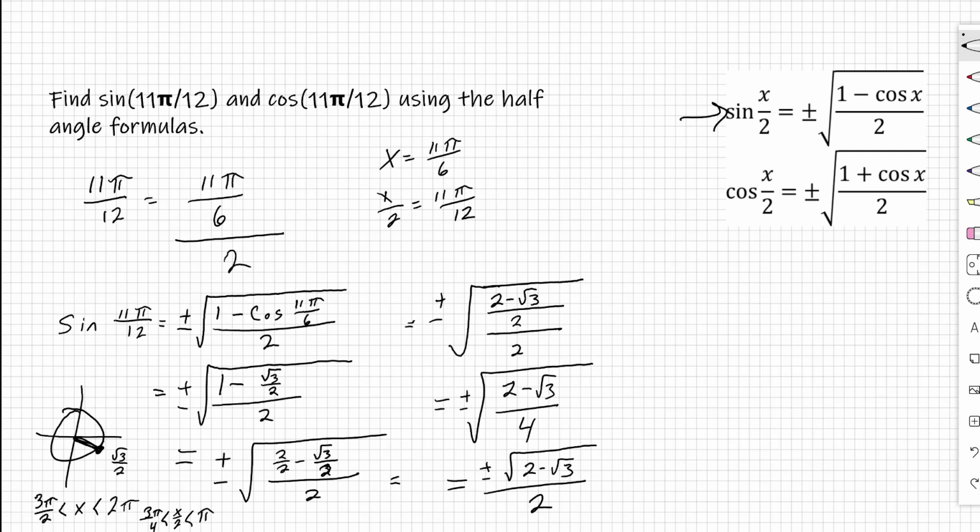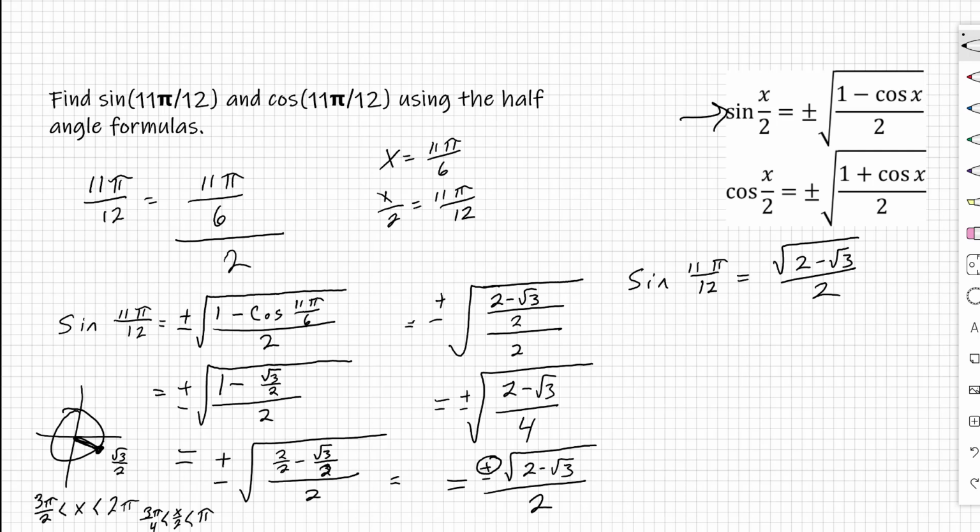So that's going to be a second quadrant, and we know in the second quadrant sine is positive, so we will use the positive version of this. So that gives me sine of 11 pi over 12 is the square root of 2 minus the square root of 3 all over 2.